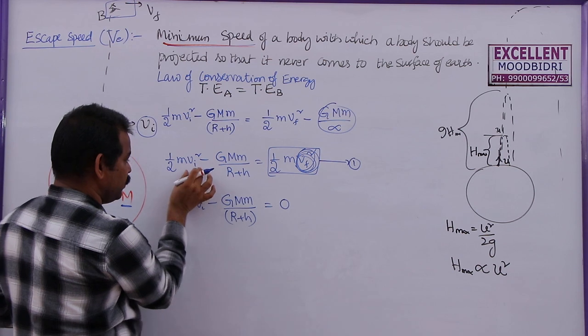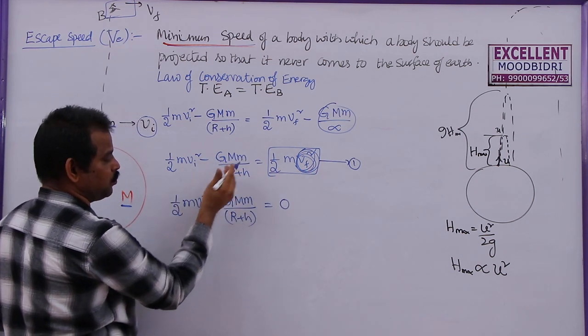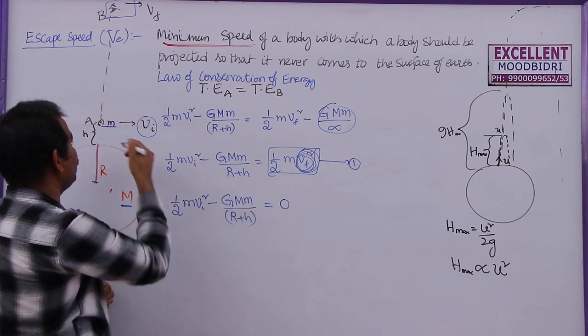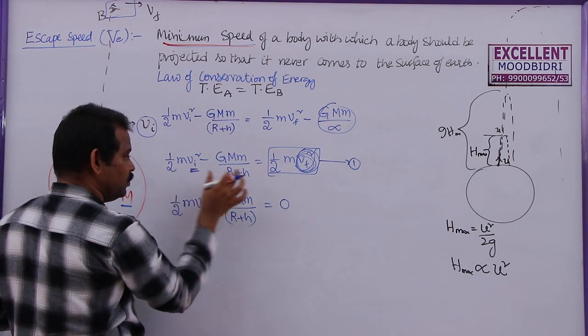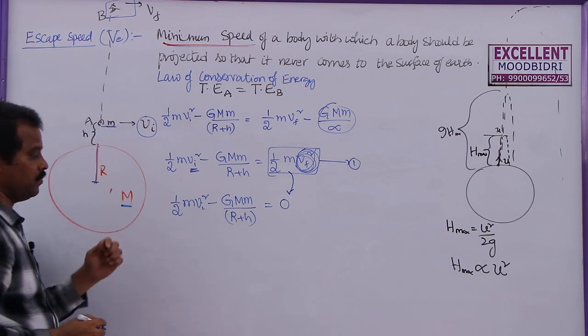For this to be minimum, this value should be minimum. G, M and m are always constant, r is constant, h can be taken as any value, but I am talking about the minimum velocity. So for this value to be minimum, the minimum value of the kinetic energy at the highest point will become 0.